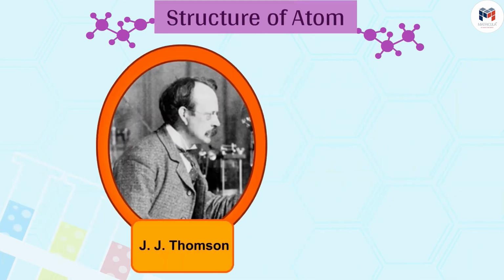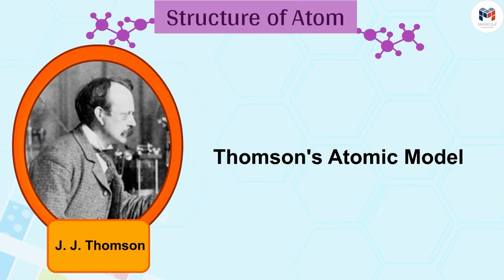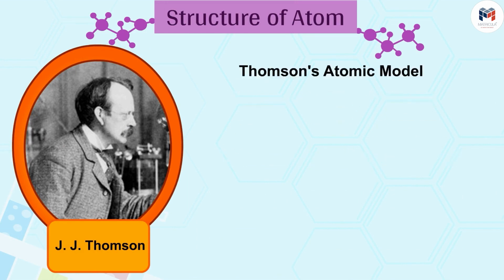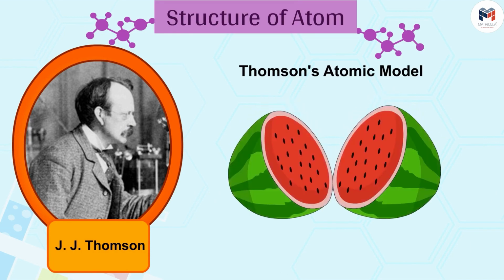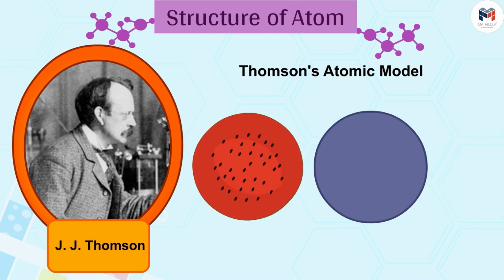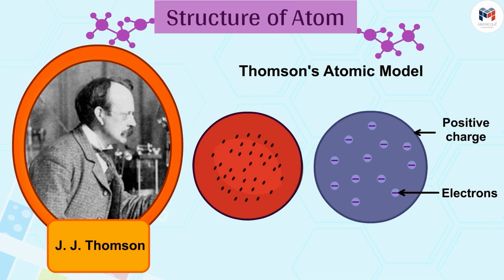Let us first study Thomson's atomic model. Thomson presented a model related to the structure of an atom that was like a watermelon. According to this, the positive charge in the atom is spread all over, like the red edible part of the watermelon, while the electrons are embedded in the positively charged sphere, like the seeds in the watermelon.